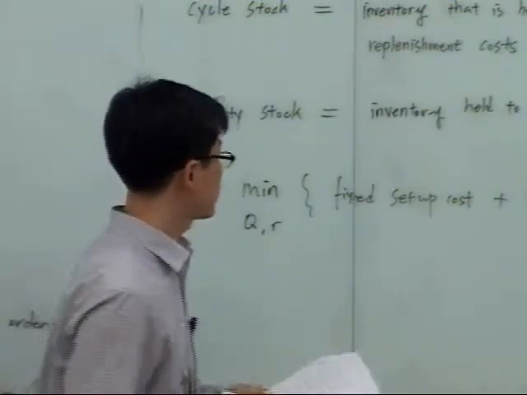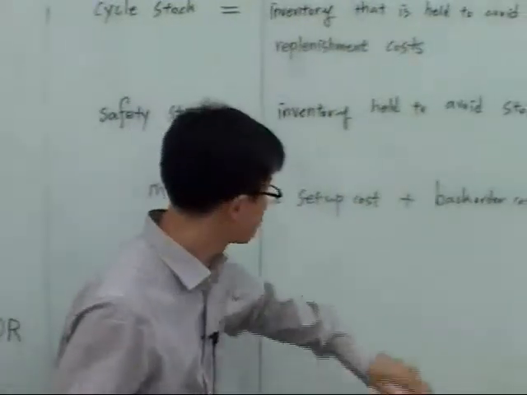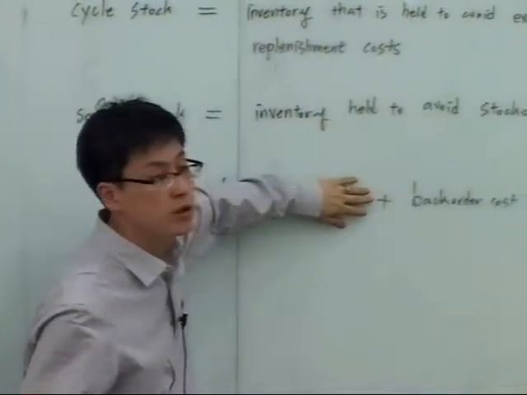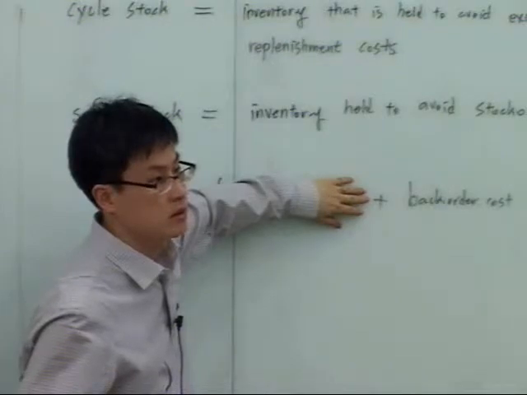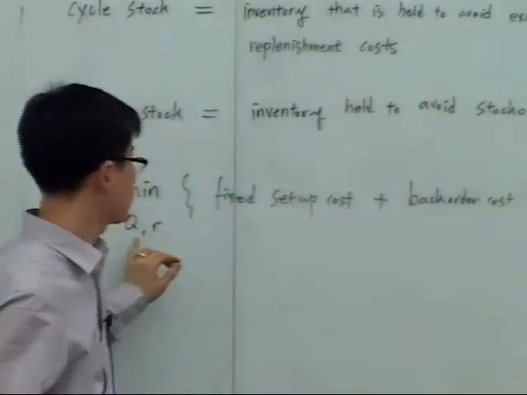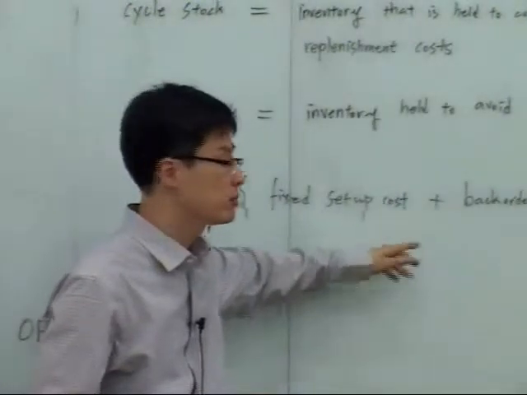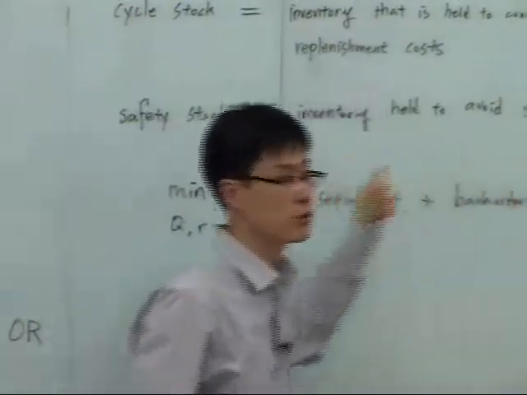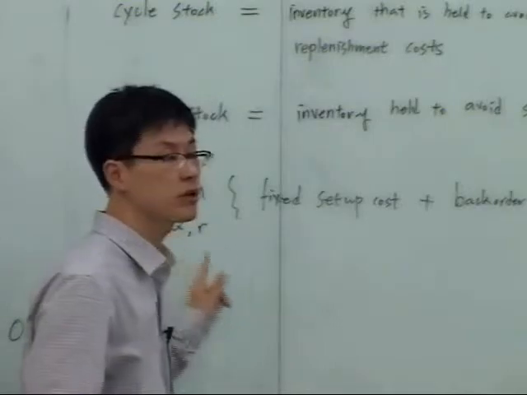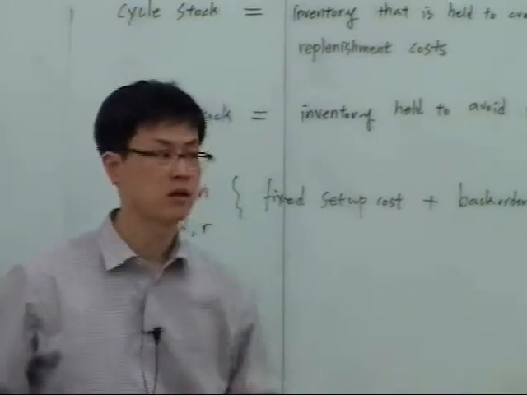In the base stock model, Q is out of consideration. But here we are minimizing this total cost to find the optimal Q and R at the same time.